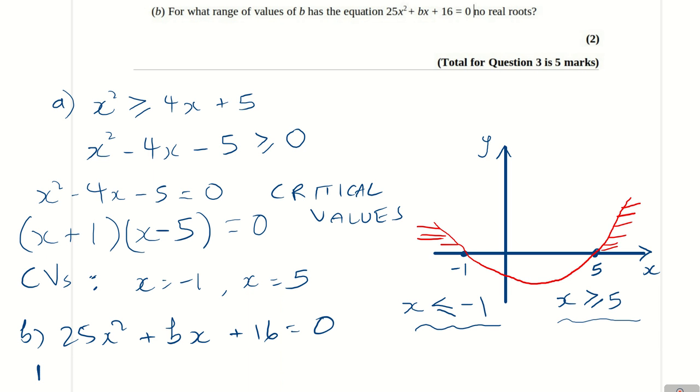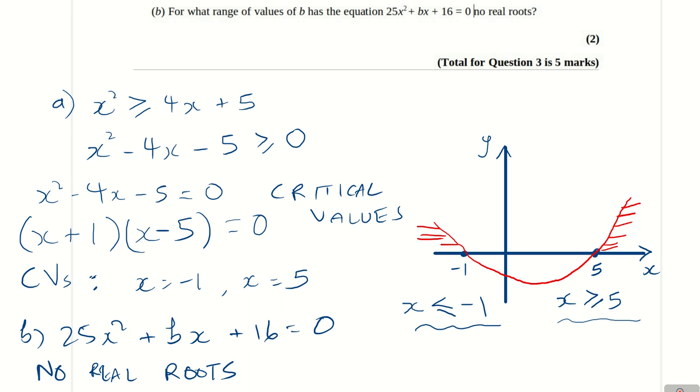And we want it to have no real roots, or in other words, we want it to have no possible solutions. So if we were to try and draw a graph of this function, then the graph would be sort of hovering above the x-axis, never actually crossing the x-axis, so that it would never actually be equal to 0, because we want to have no real roots.